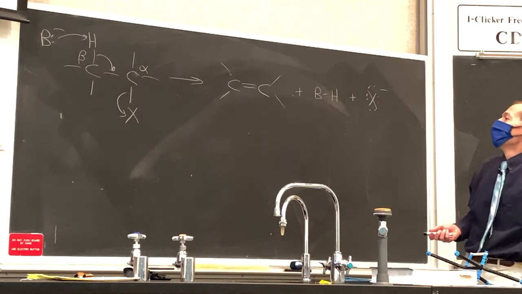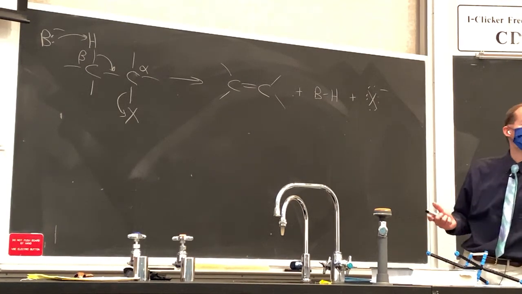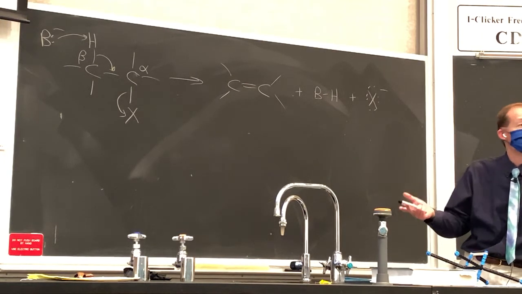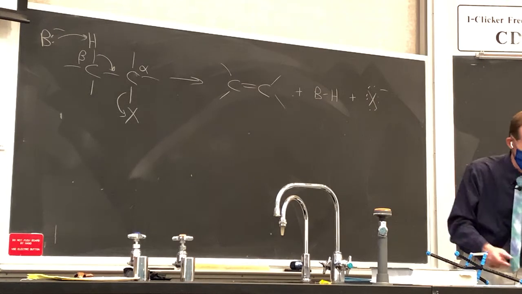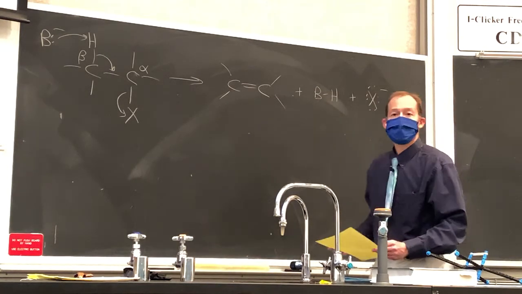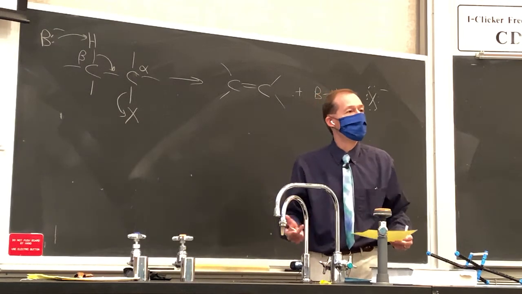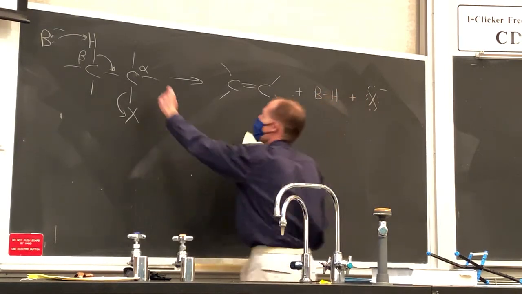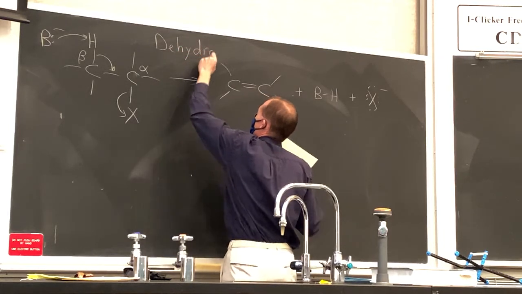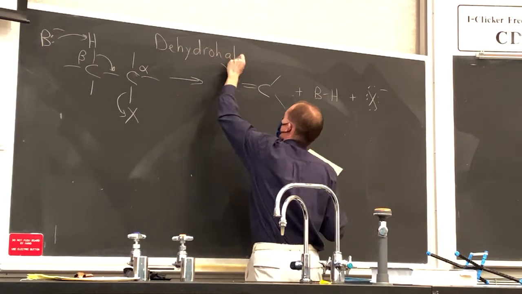Okay? I've drawn it as a concerted process. It does not have to be. Sometimes it's concerted, other times it's stepwise, as we'll see later on. So the specific type of elimination that we will discuss in this chapter is referred to as dehydrohalogenation.